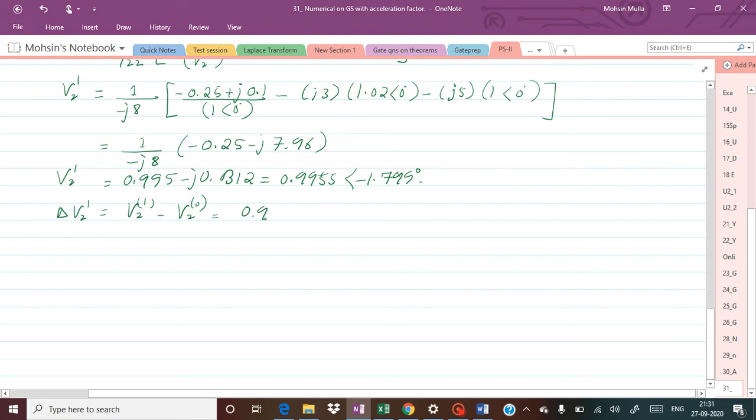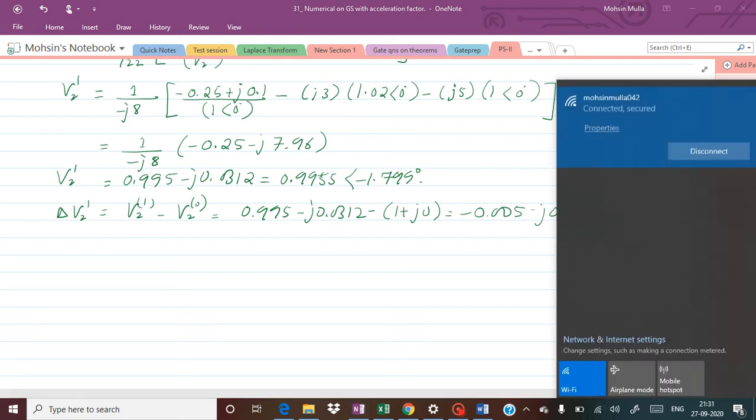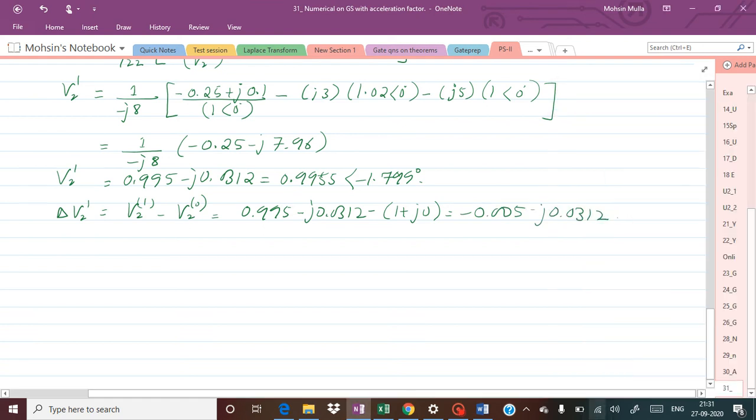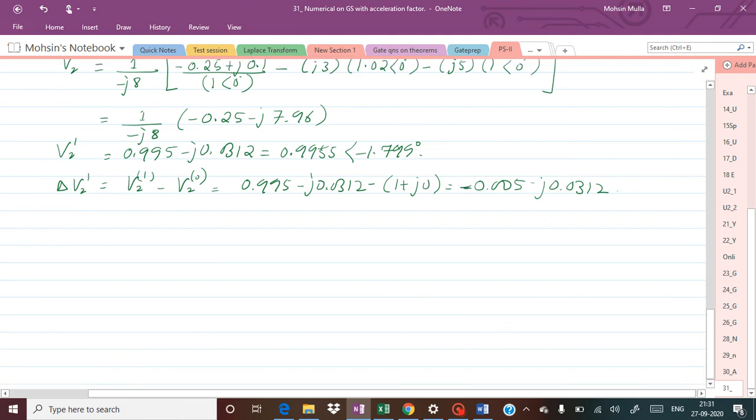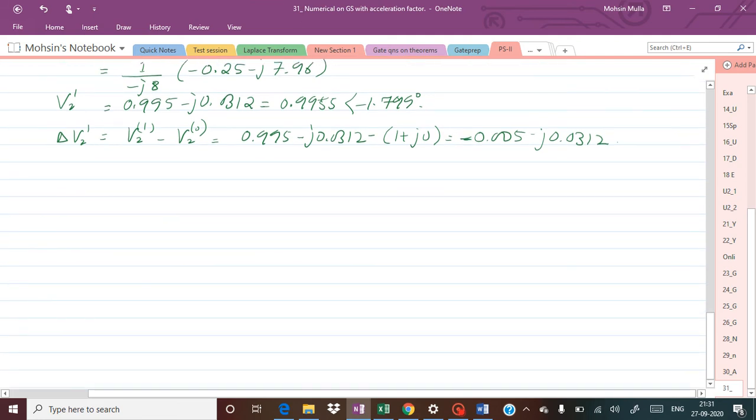Here it is 0.995 minus j0.0312 minus 1 plus j0, which is going to be minus 0.005 minus j0.0312. This is the difference between the two values.